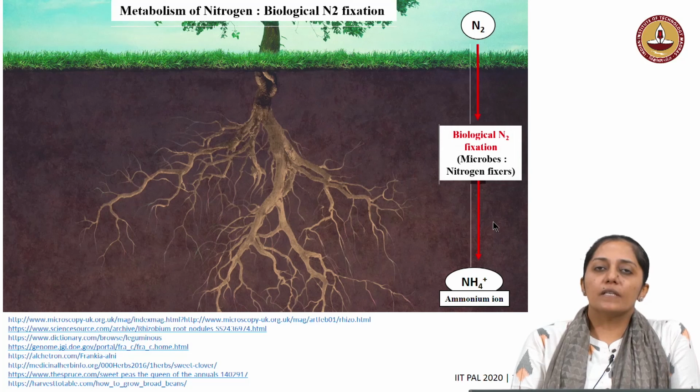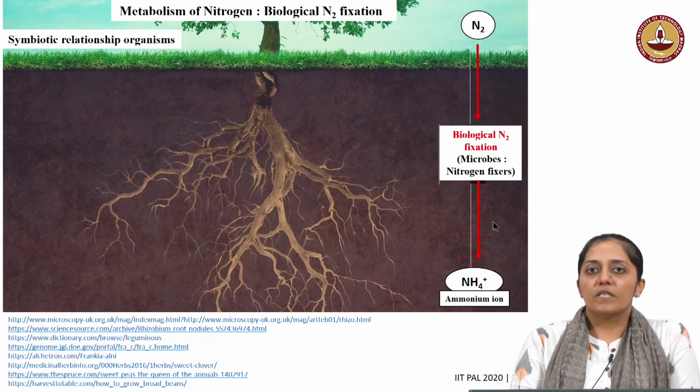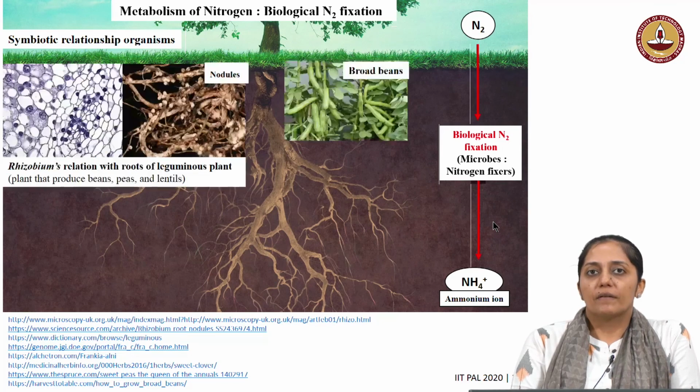So, in the biological nitrogen fixation, it is the symbiotic relationship of these organisms with the plant which is exploited, which works in fixing the atmospheric nitrogen to ammonium ions for the plants. Nodule formation is seen in the plant roots.